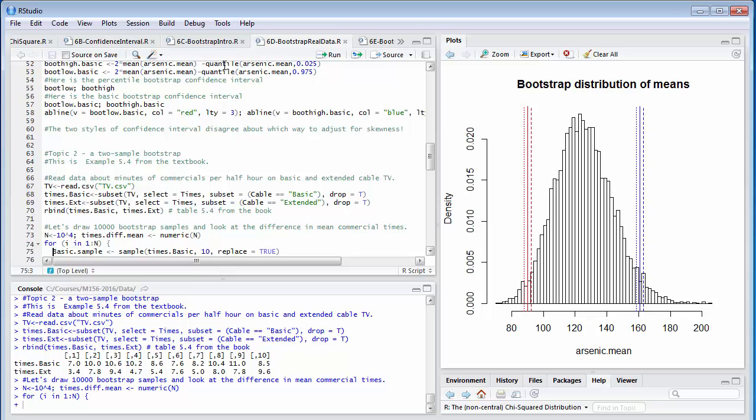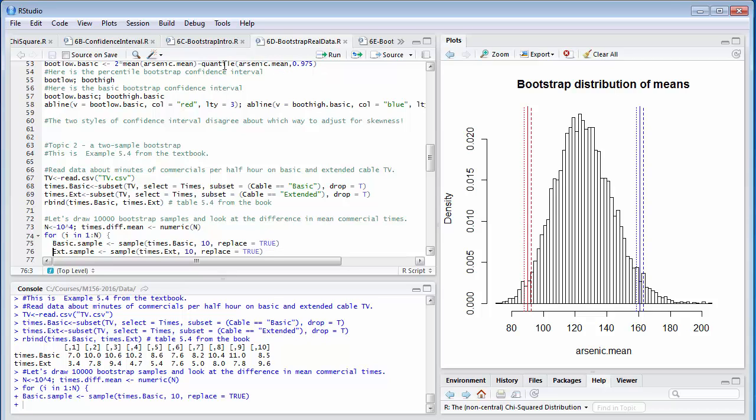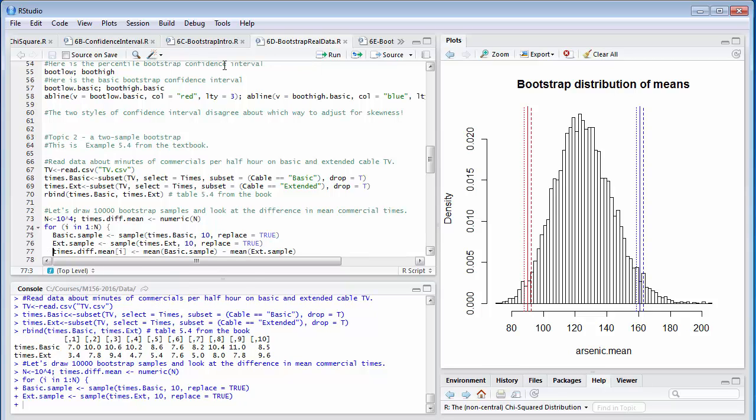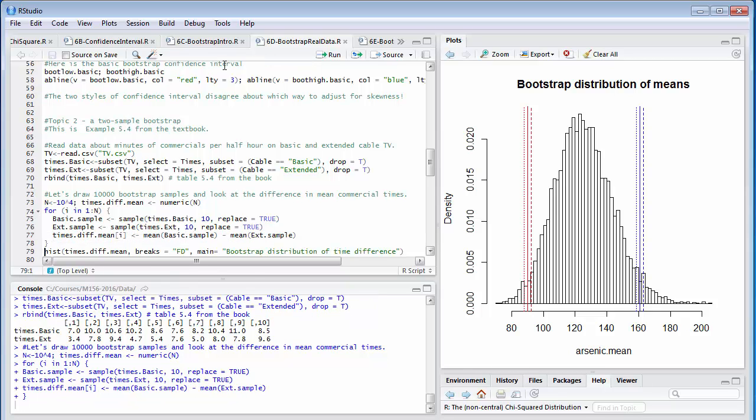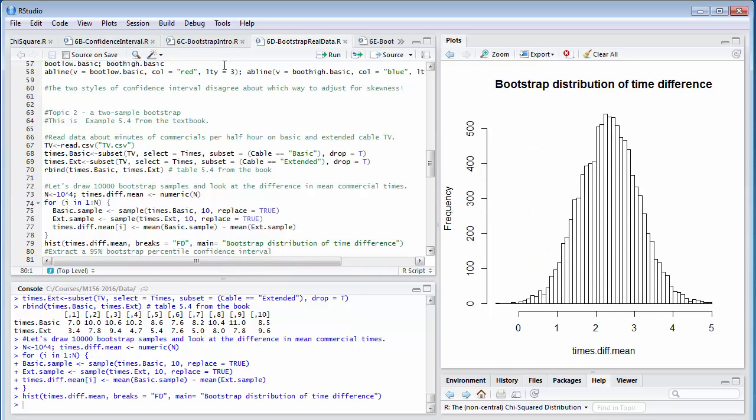So we do this, 10,000 bootstrap samples. We will sample from the basic with replacement, sample from the extended with replacement, take the difference, and plot a histogram of the result.